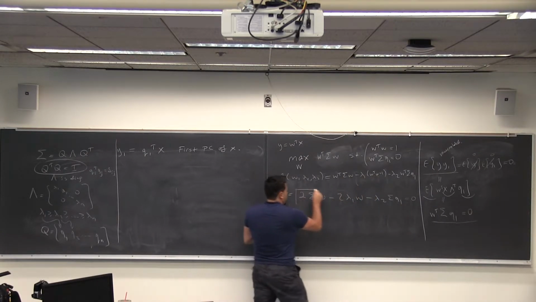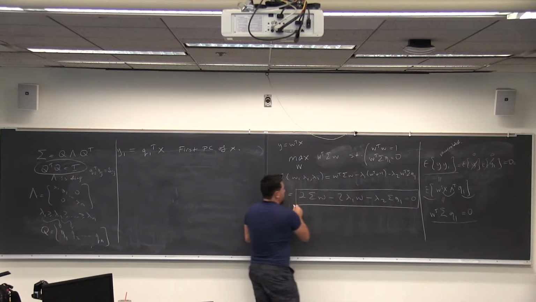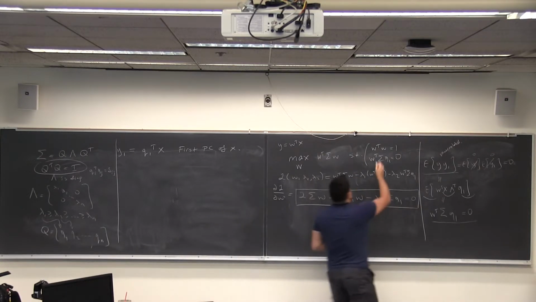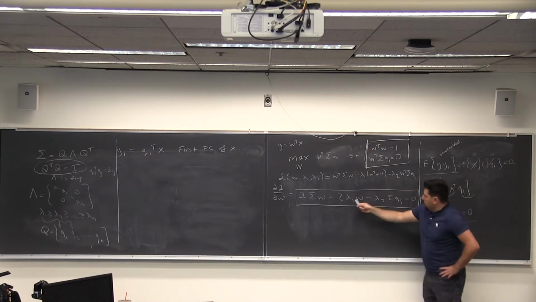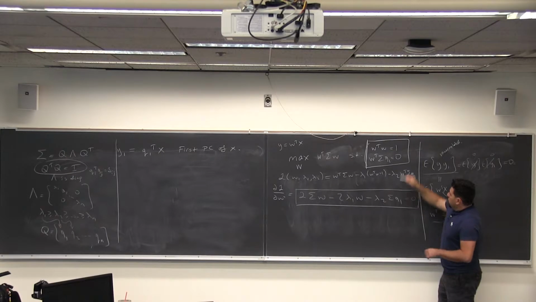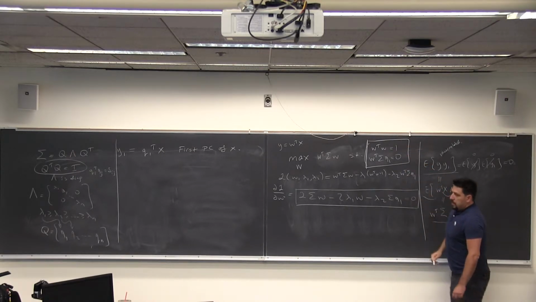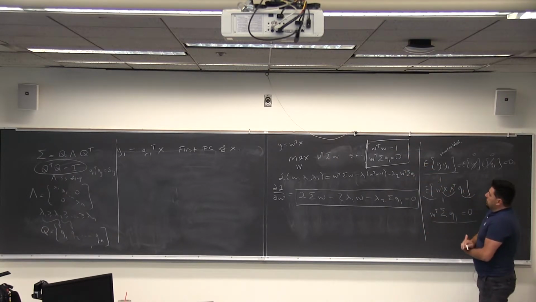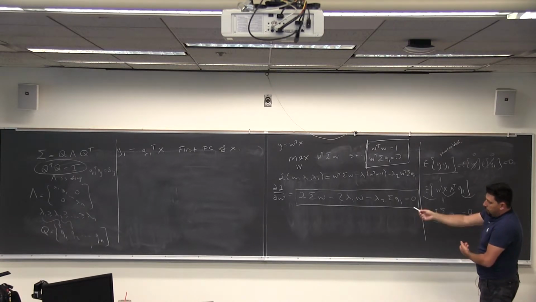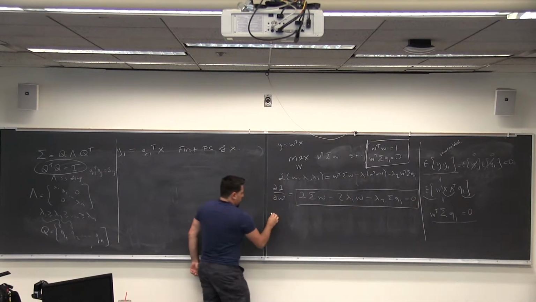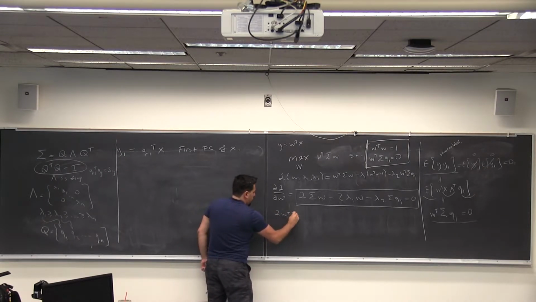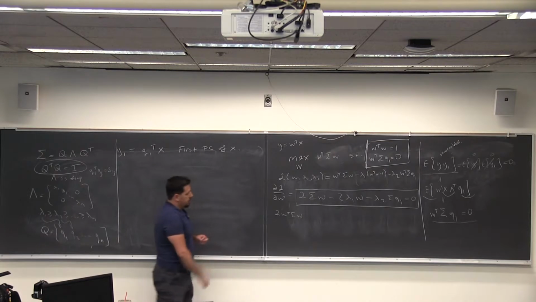So I have this equation to be satisfied. I also have these constraints to be satisfied. The unknowns are W, lambda 1, lambda 2. I have the same number of equations, so I can solve this. Let's do the same trick: multiply from the left with W transpose.